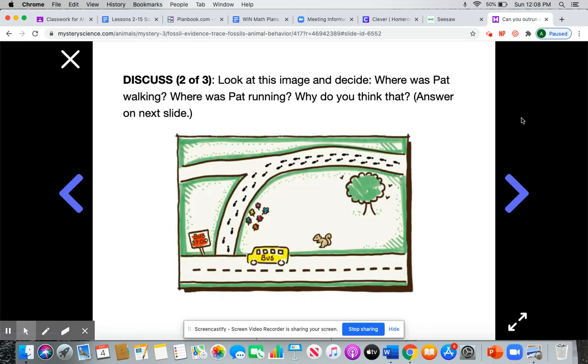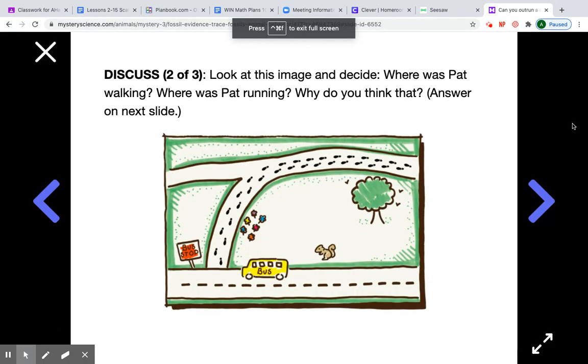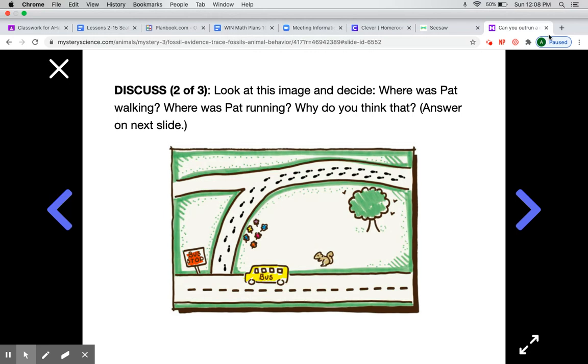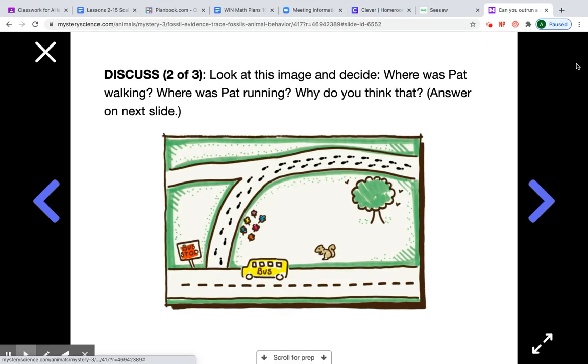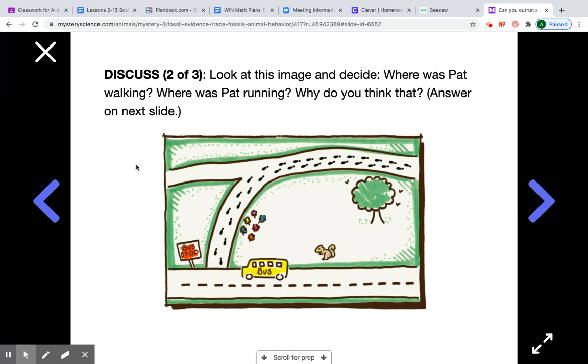Okay, now we have this image of human footprints. Oh, I can't zoom in, I'm sorry. Maybe I can, let's see. I'm sorry, guys, I don't know why it doesn't let me. All right, so we need to decide, where was Pat walking and where was Pat running?